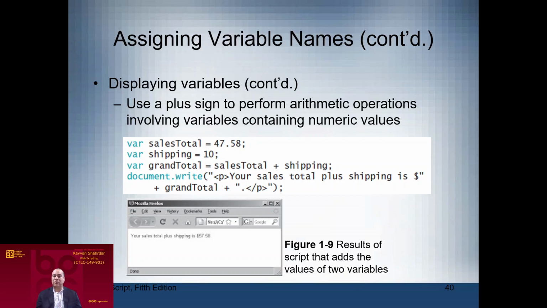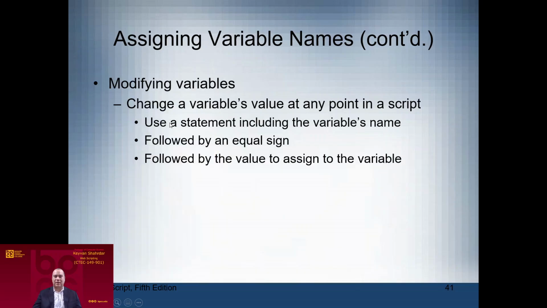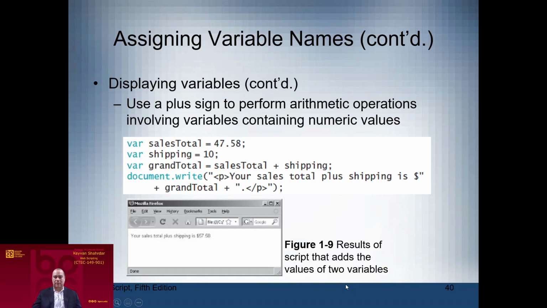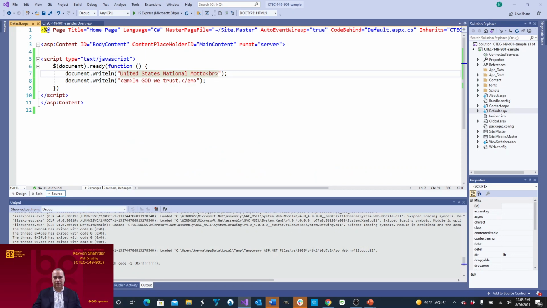And now the grandTotal has that value, which is 57.58. And you can write that to the document in here and you'll see that actually show up. So let's do this real quick so you guys can understand that.